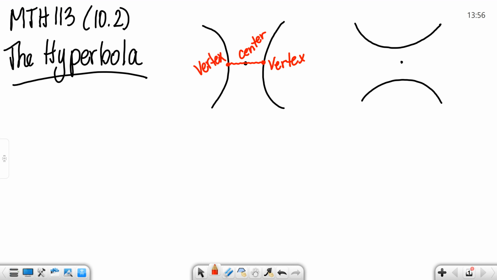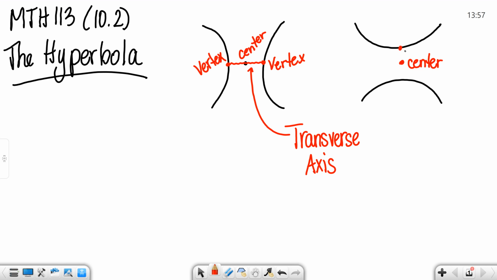So the line that joins our vertices is no longer called a major axis like in an ellipse. It's called the transverse axis. So if we draw that over here in this one, our center is this point here again in the middle.